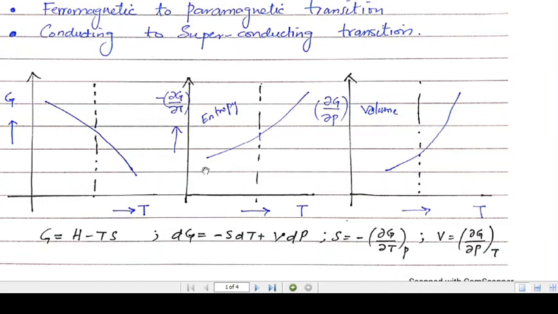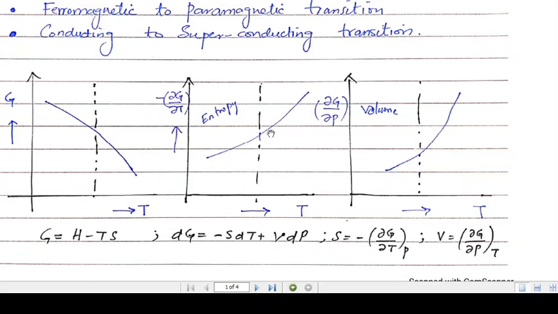Next is the behavior of entropy as a function of temperature, because we know that dG is equal to minus S dT plus V dP. So the entropy is given by minus partial G by partial T at constant pressure. As we increase the temperature, the entropy increases, and the curve is continuous at the phase transition.